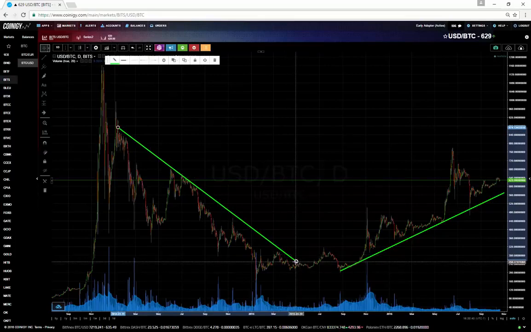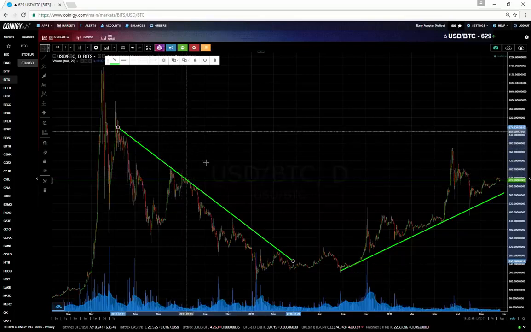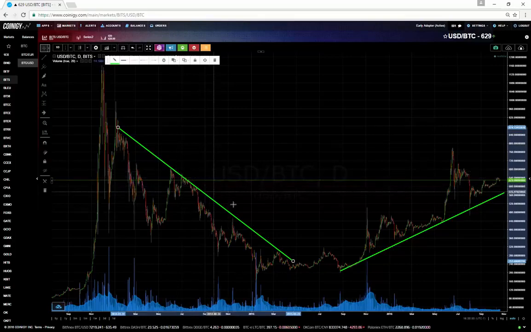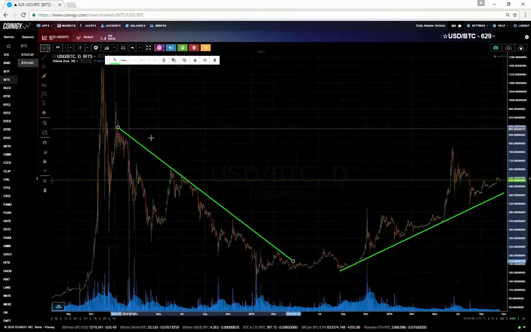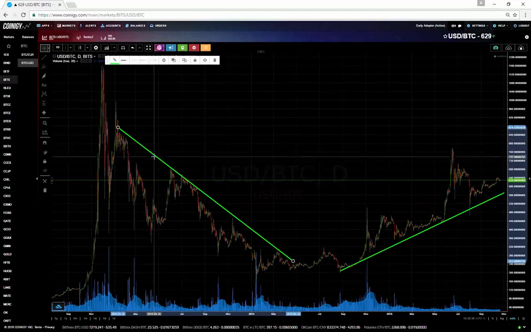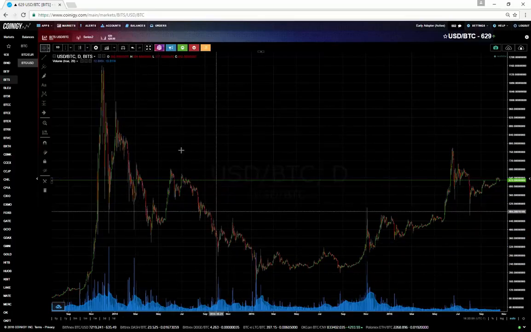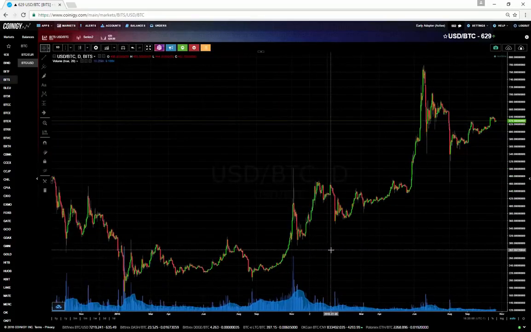Now, you're not going to get exact price areas, right? You'll get general areas, but it doesn't have to be exact or extremely precise, because we're just looking at general zones and regions here, right? So let me just delete these. So that's just determining bear trend versus bull trend, the most basic way.